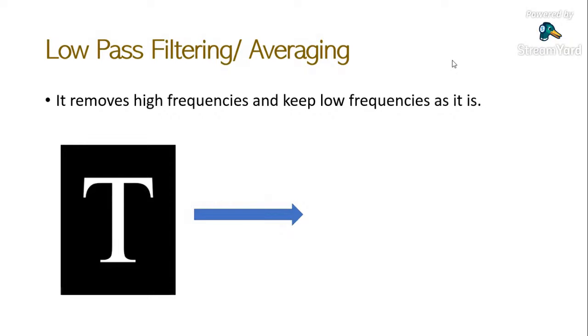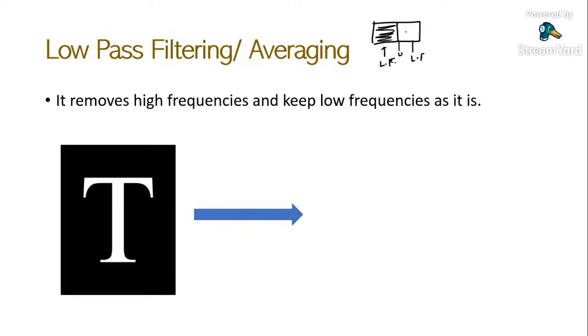Now see, in low pass frequency, as I have told, if you consider an image that contains black and white parts, where there is no drastic change in intensity, that region will be a low pass region or low frequency region. And at the edge, you are getting a drastic change from white to black and black to white.